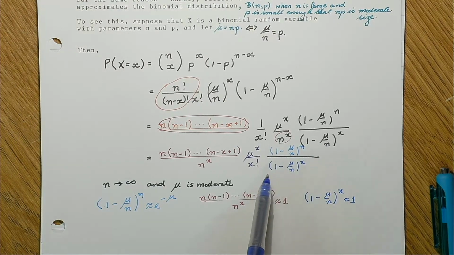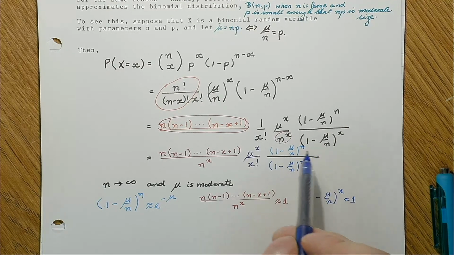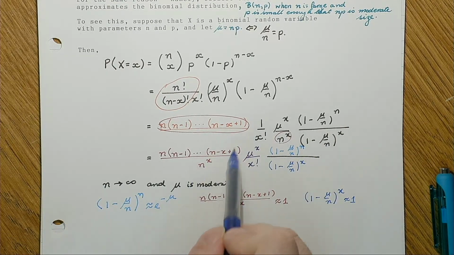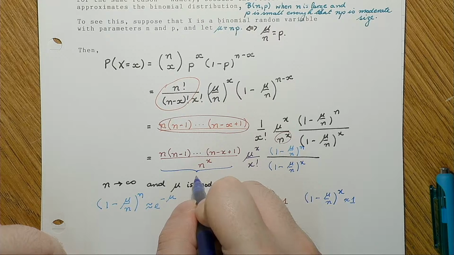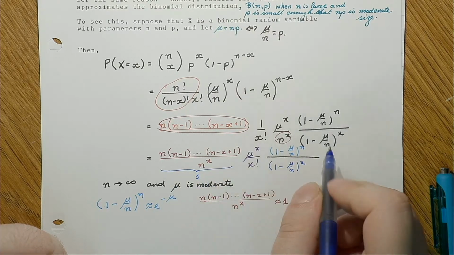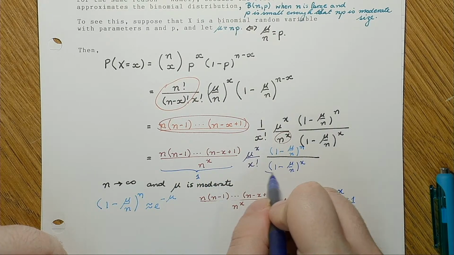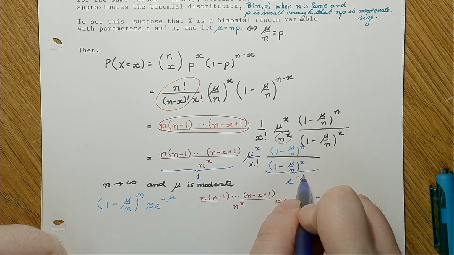So what you end up with here is that this goes to 1, this goes to 1, I'm left with this, and over on this side I'm just left with e to the minus mu.